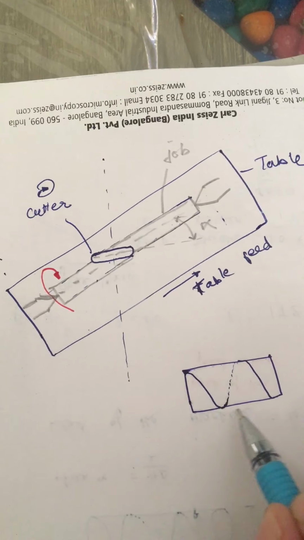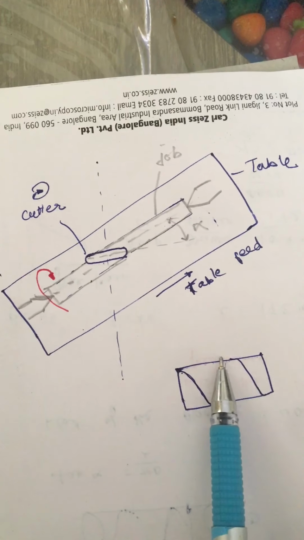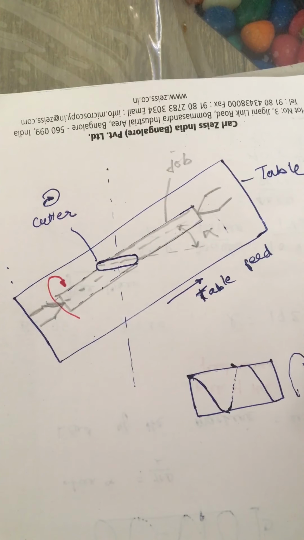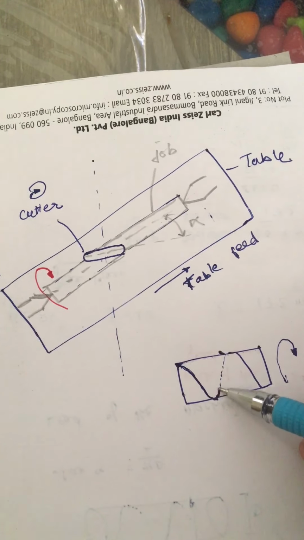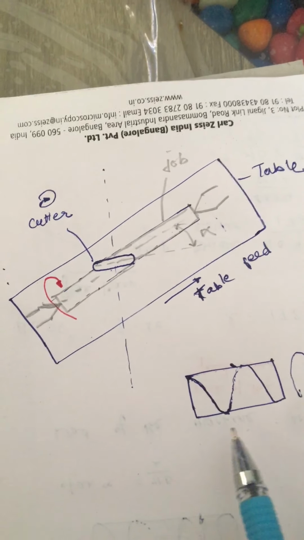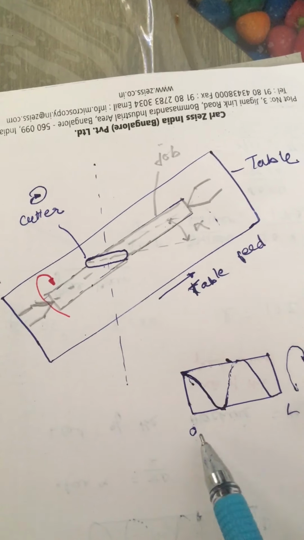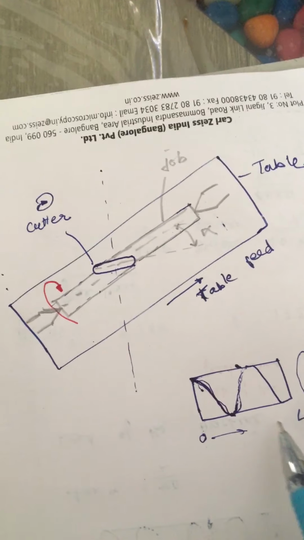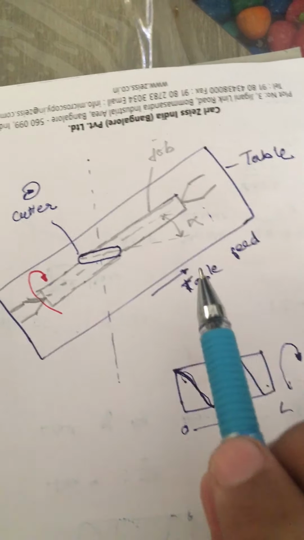You can see that if I have a cutter here, then the workpiece must rotate in order to have the cut on one side of the circumference and on the other side as well. At the same time, this cut is also moving from 0 to L in this direction. So the table on which the workpiece is mounted should also move, and that is what is shown here.